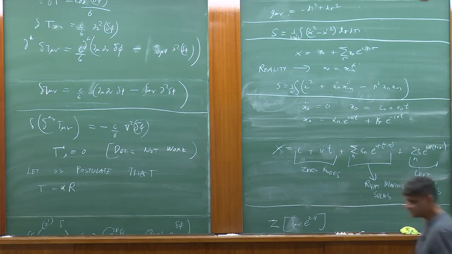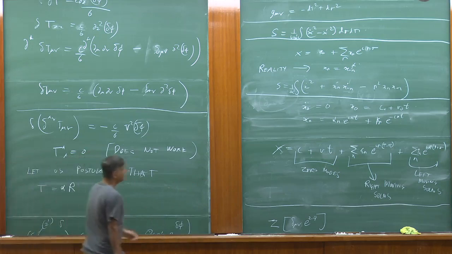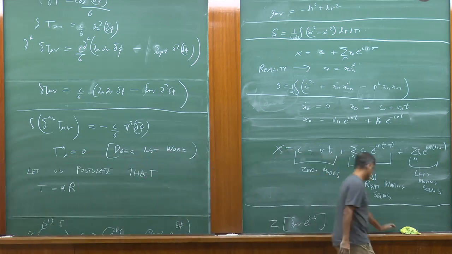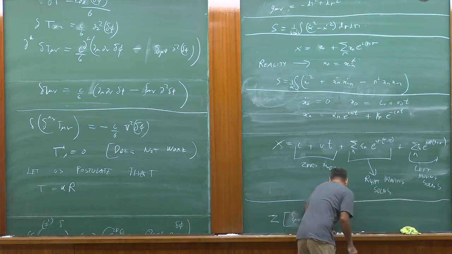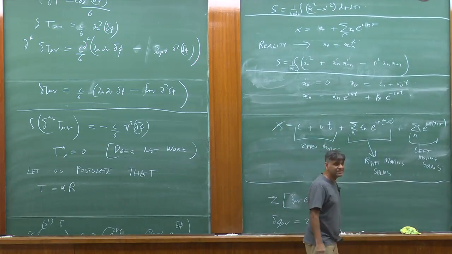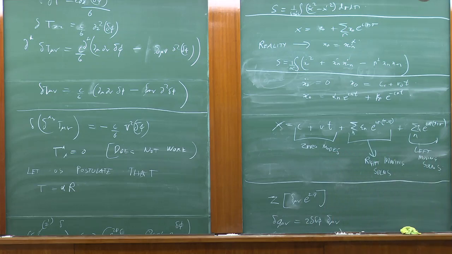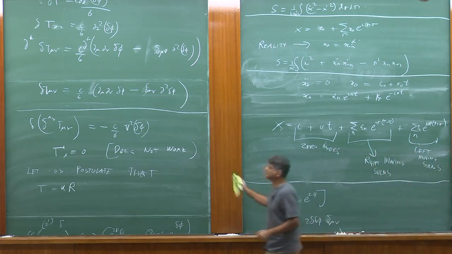Now, in the quantum theory, each of these coefficients will be promoted to operators, and these operators will obey some sort of commutation relations with respect to each other. They'll more or less be the commutation relations of harmonic oscillators, but we want to get those commutation relations straight. So let's start.